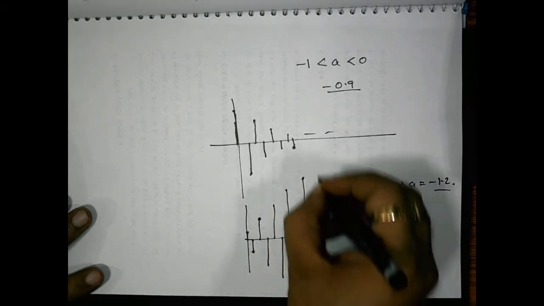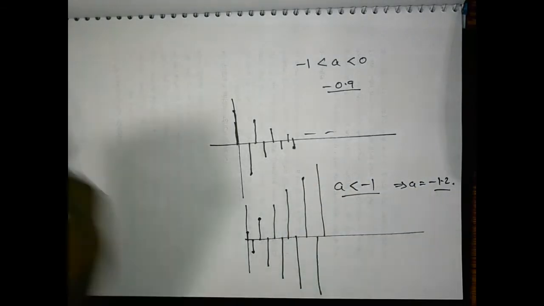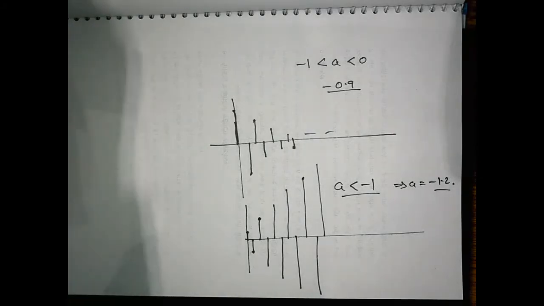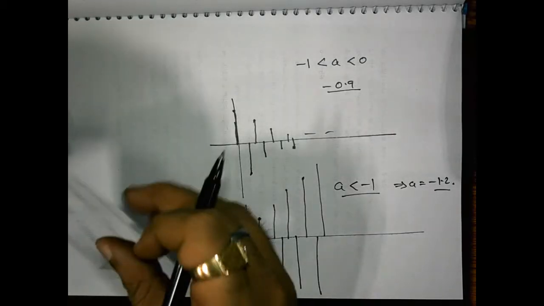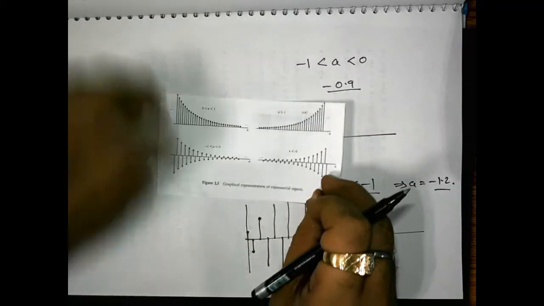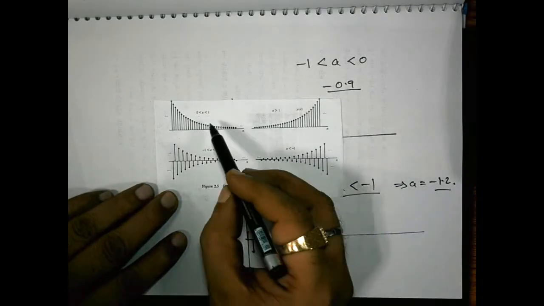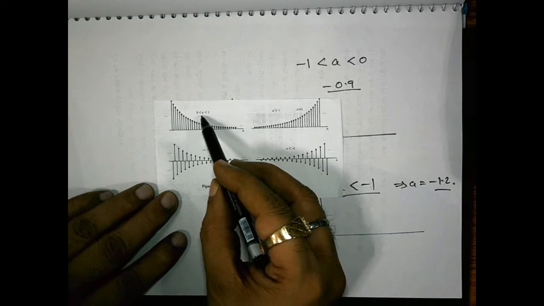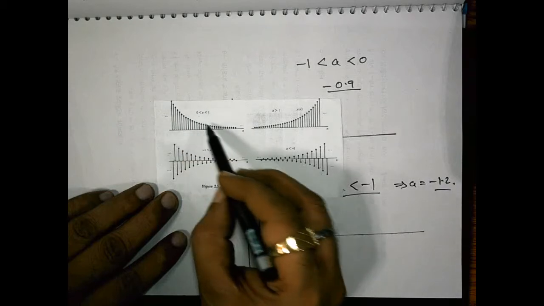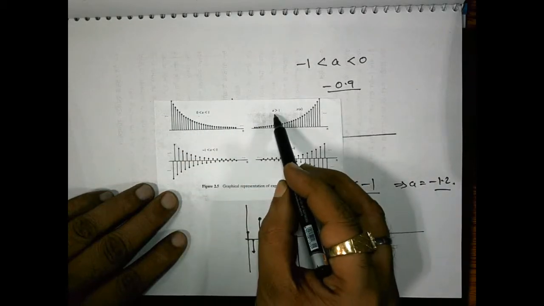I wish to show you the exact drawing of these signals in different situations. Here this is the drawing when a is less than 1 but greater than 0: decaying. A greater than 1: growing.